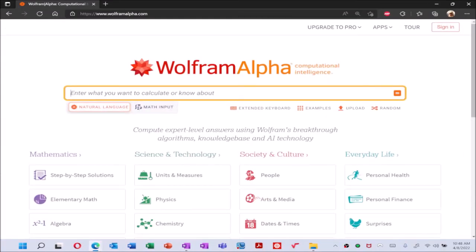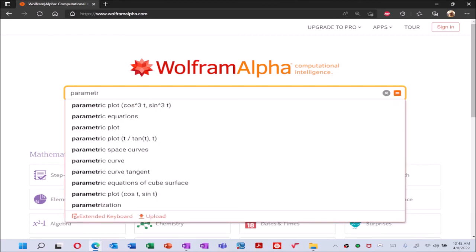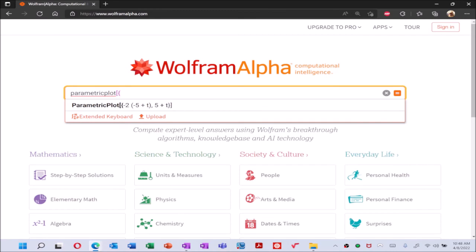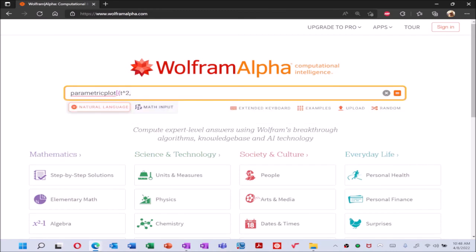So what we're going to do is come over to Wolfram Alpha and take a look at what this looks like. We're going to use parametric plot, and let's do t from -3 to +3.